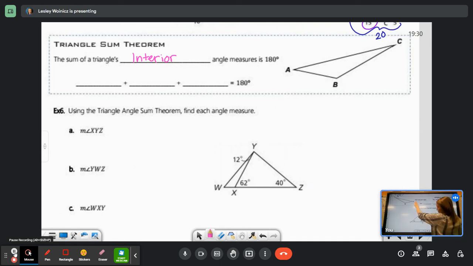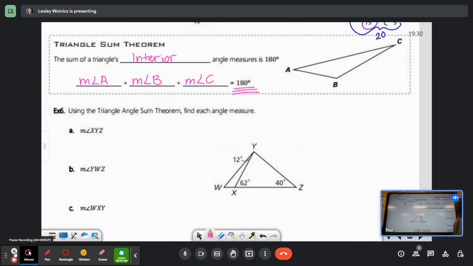So for this triangle, the measure of angle A plus the measure of angle B plus the measure of angle C has to add up to 180 degrees. We're going to use that triangle angle sum theorem to find each angle measure.